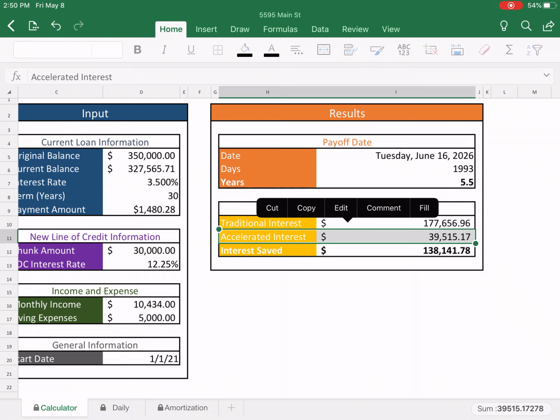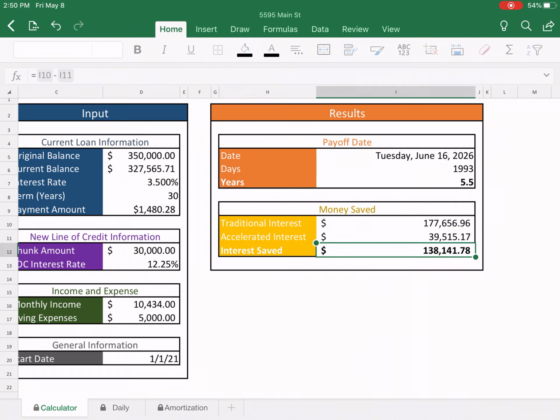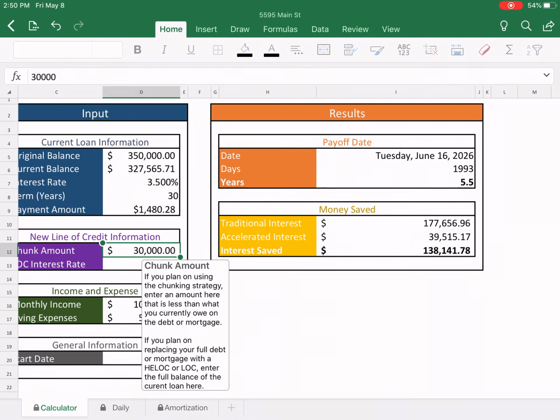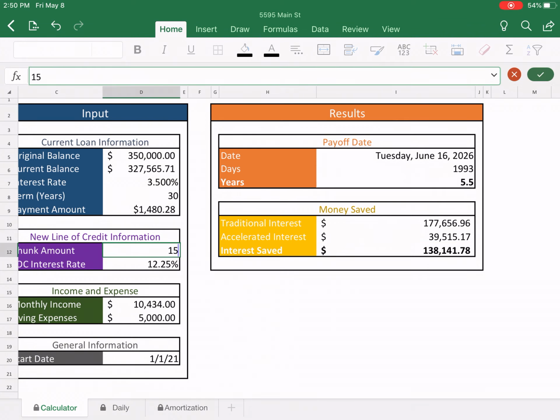If you take longer to pay off the chunk, you're going to pay more interest, even though it's less than what you paid on the house. The interest saved does go up, but you end up paying more interest on the debt weapon that you have. And you don't want to pay more interest. You want to pay as little interest as possible. That's the whole idea, right?